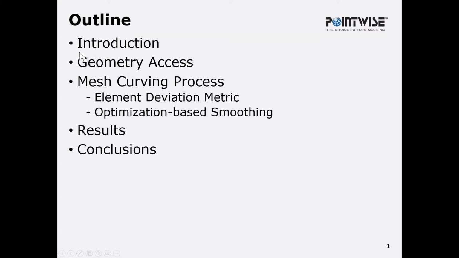So just to give you some insight into how Pointwise handles the geometry in high order meshing, and then some insight into the mesh curving process that's used, using an element deviation metric to determine which cells are elevated to which order, and also to mention the optimization based smoothing approach, which is going to be extended for this work. And then the examples will be shown in the results section and conclusions.